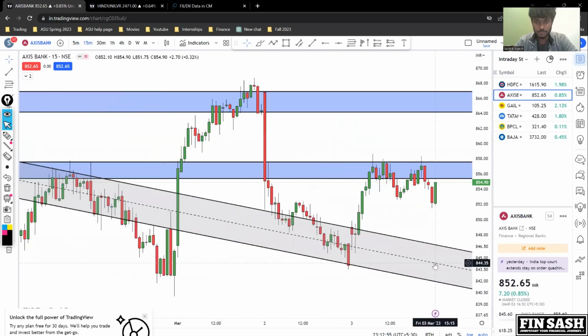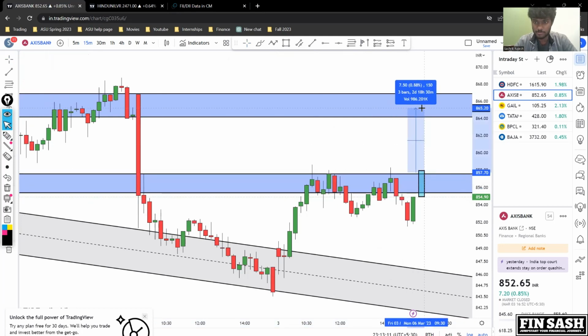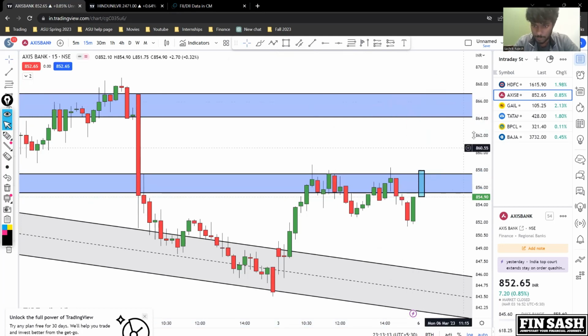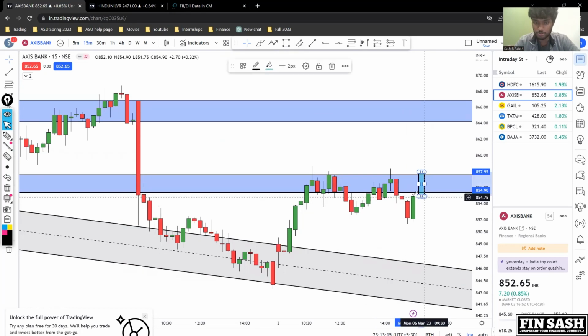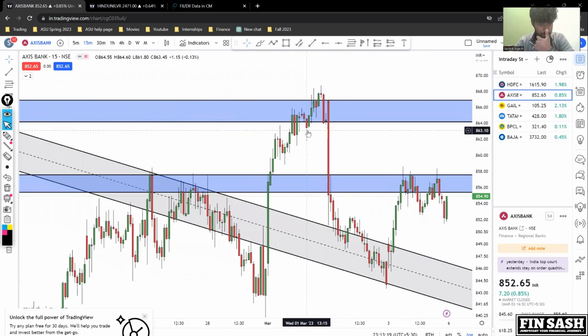So if Axis Bank gives a closing above this level, it's a really good trade for these targets, for this target basically, which gives you almost 1%. So just wait for a closing above this level on the 15-minute time frame.